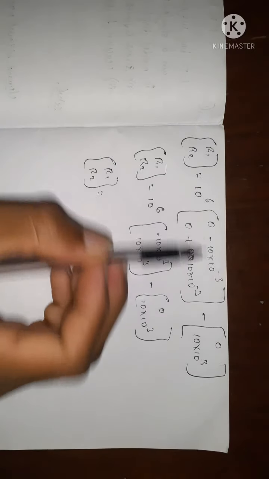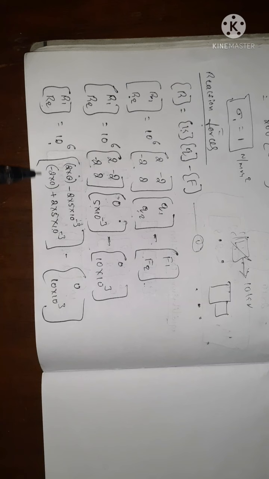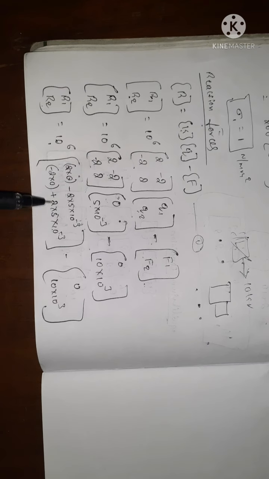So I will write it this way, where 2 into 0 is 0, 5 into 10 power minus 3 into 2 is 10 into 10 power minus 3 as it is, same 10 into 10 power minus 3.